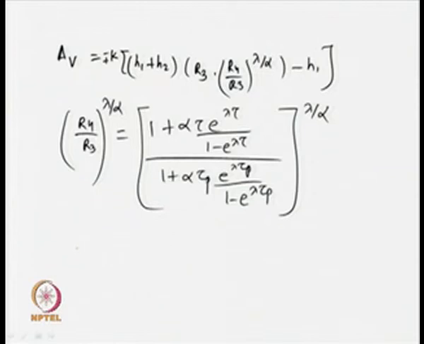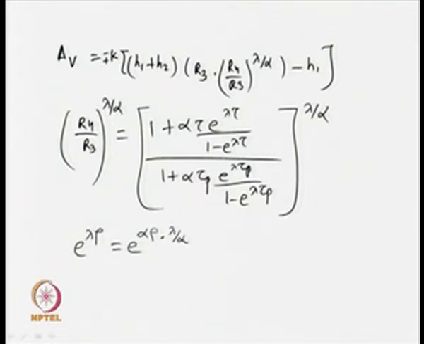We know that e to the power lambda rho can be written as e to the power alpha rho to the power lambda by alpha.